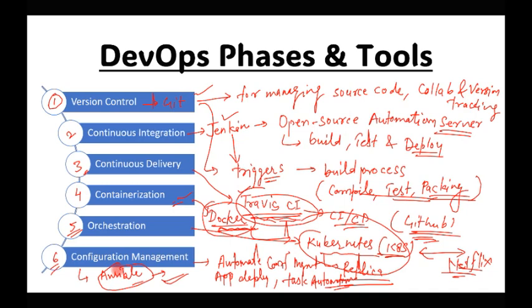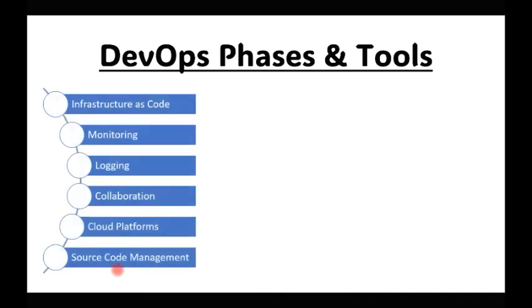Now let's talk about the next phase. Number 7 is infrastructure as code. The most popular tool here is Terraform. So what exactly is this tool? It's an infrastructure provisioning tool that allows us to define and provision infrastructure using a declarative configuration language.